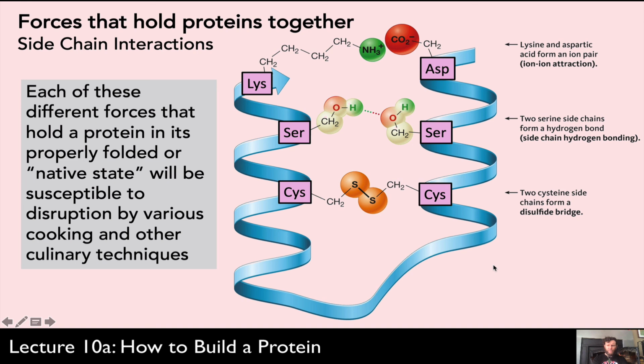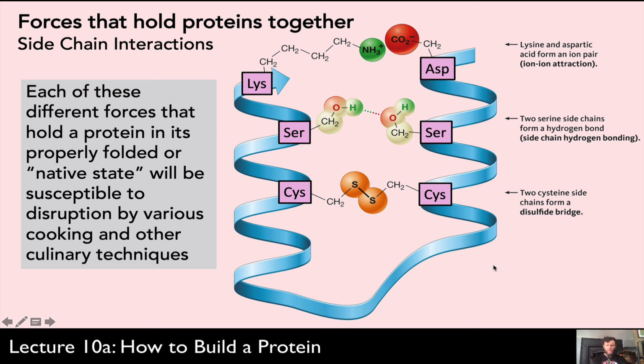We can have hydrogen bonds between amino acids. So here are two serines that are able to form hydrogen bonds with one another. Also adding a little bit of glue holding these two alpha helices towards one another.